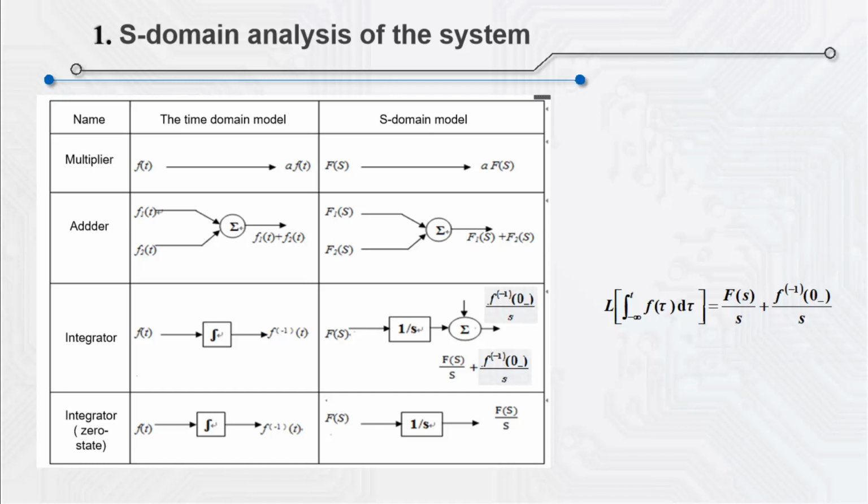Look at the integrator again. Excitation signal f(t) acts on the integrator. The response is the integral of f(t). According to the integral property of Laplace transformation, the Laplace transformation of the integral of f(t) equals F(s) over s plus f^(-1)(0-) over s.